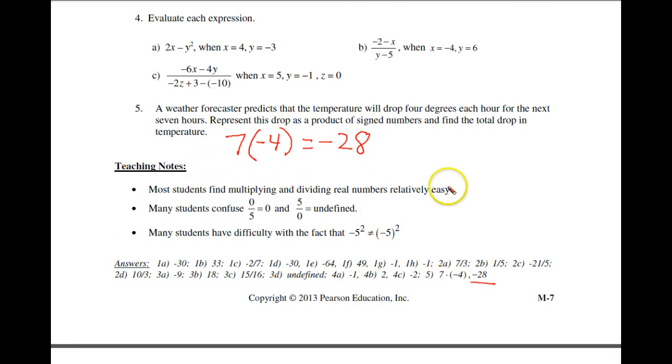And again, here's something that's, I think, true, that multiplying and dividing is relatively easy. And remember that 0 divided by a number other than 0 is 0, but a number other than 0 divided by 0 is undefined. And remember that this does not equal this.